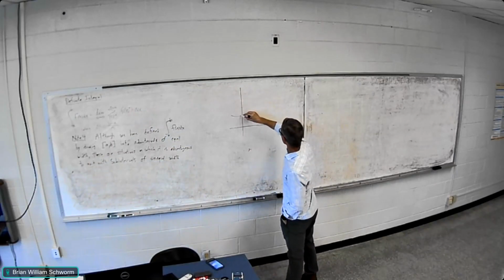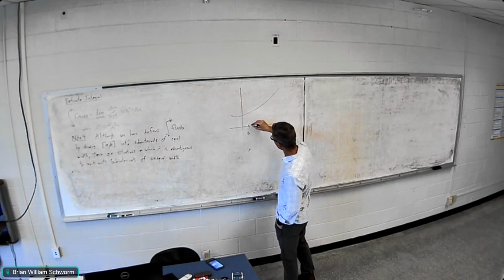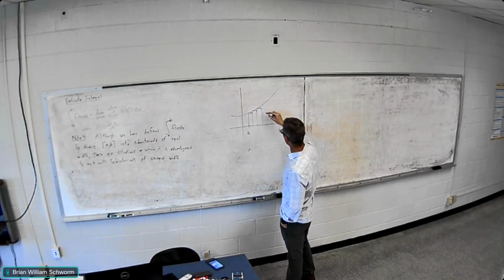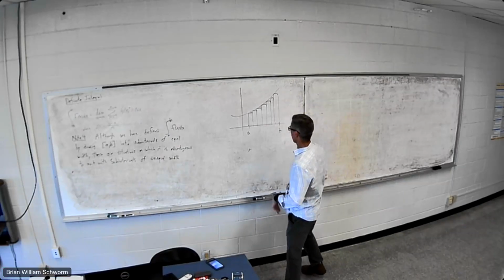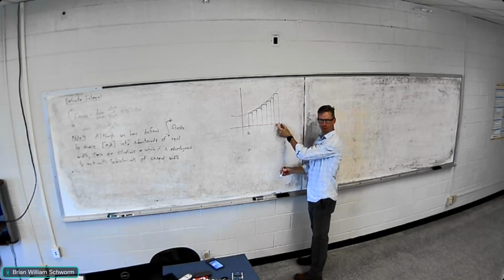If we've got this function and we're calculating this definite integral from a to b, we construct these approximating rectangles. And I didn't do a great job, but the idea is each one of these has the same width.